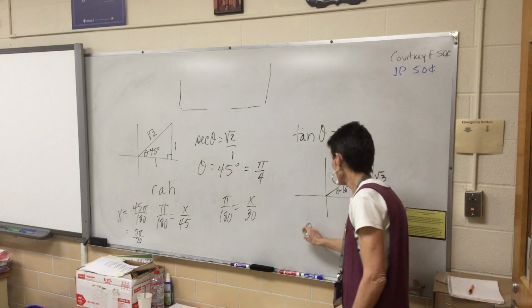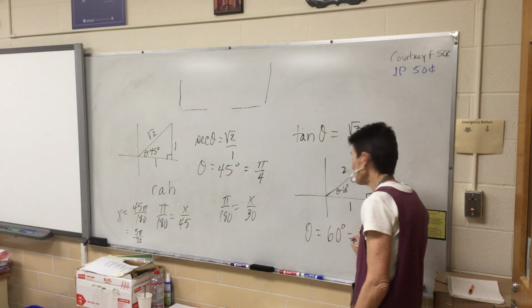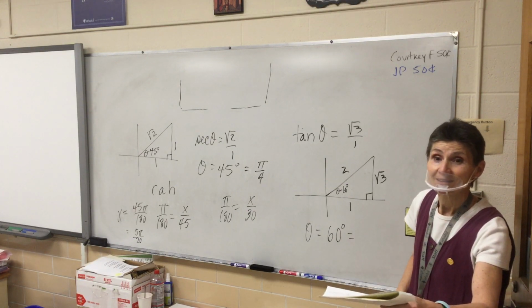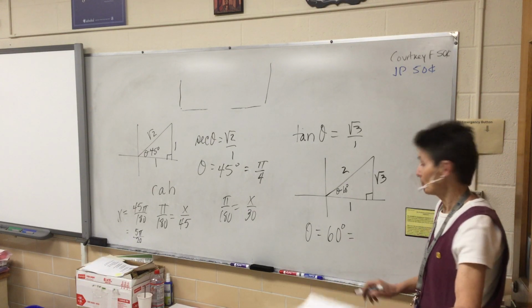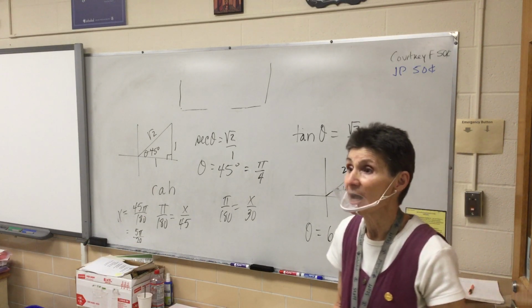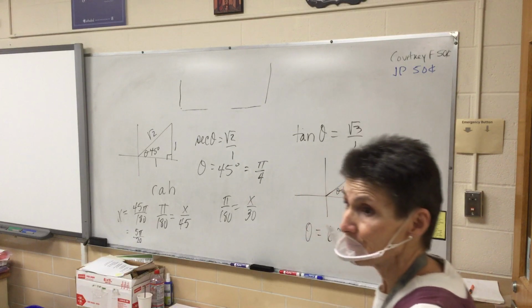Perfect. Did you get that in radians? How many radians is this? Pi over what? Not pi over 2. Pi over 3, because 60 is a third of 180.